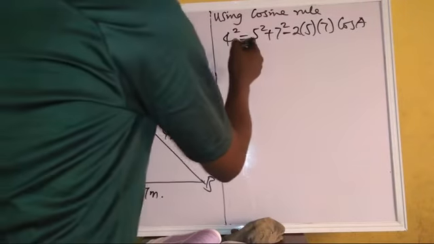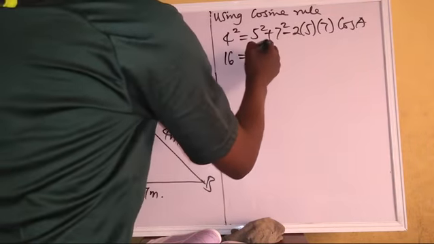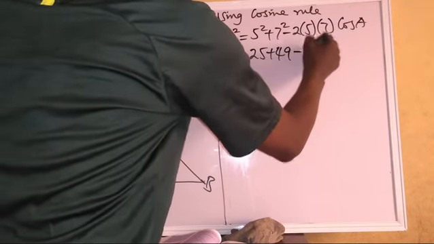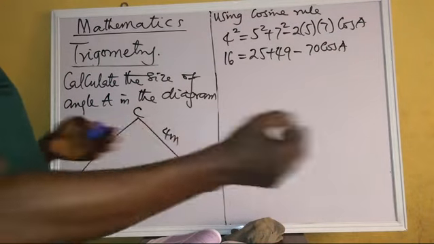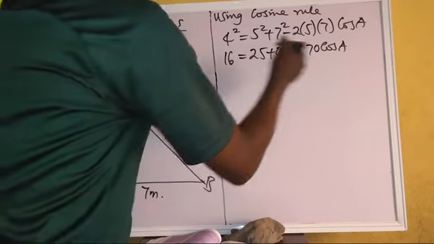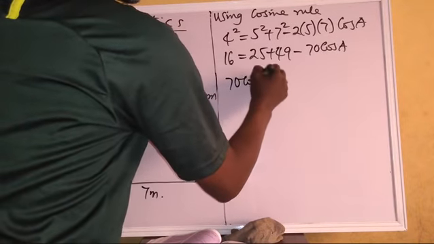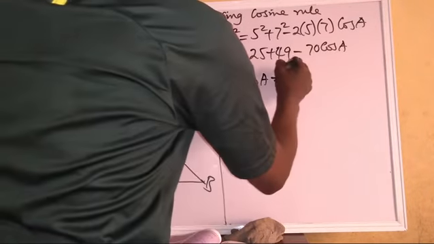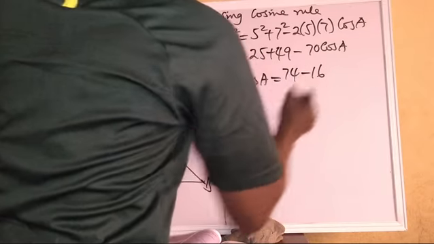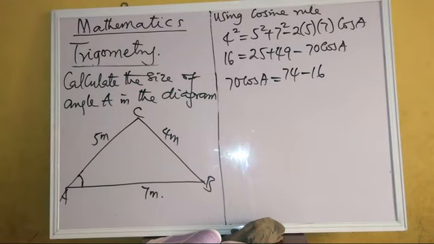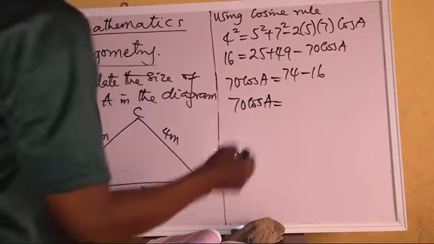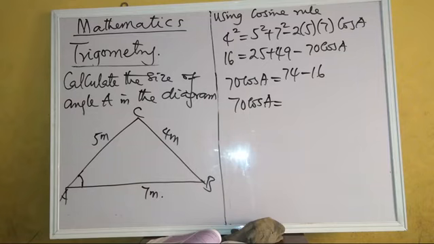So this is going to give us 16 equals 25 plus 49 minus 70 cos A. In this case, you can put the like terms on one side. This will be 70 cos A is equal to 25 plus 49, that will be 74, minus 16. So 70 cos A will be, let's try to subtract this.